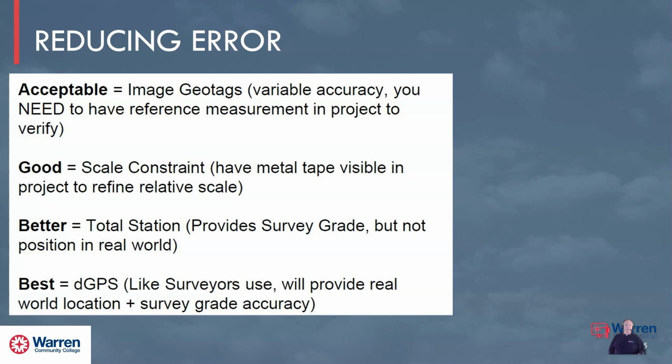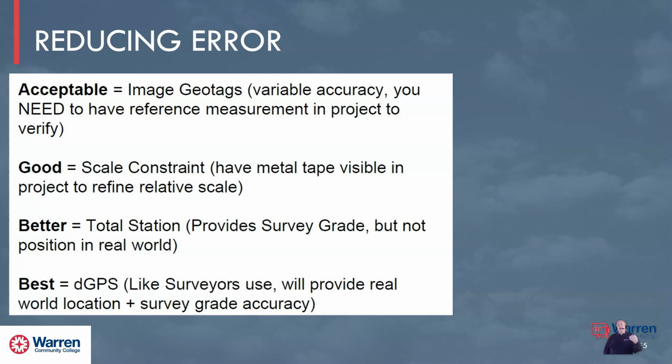So another thing that people might use is something called a total station, provides survey grade, but not in position to the real world. That's going to give you a better imagery. It's expensive. It's hard to use. Think here, RTK, PPK. The best is going to be exact GPS location. So exact ground control points that provide the real world location to survey grade accuracy.